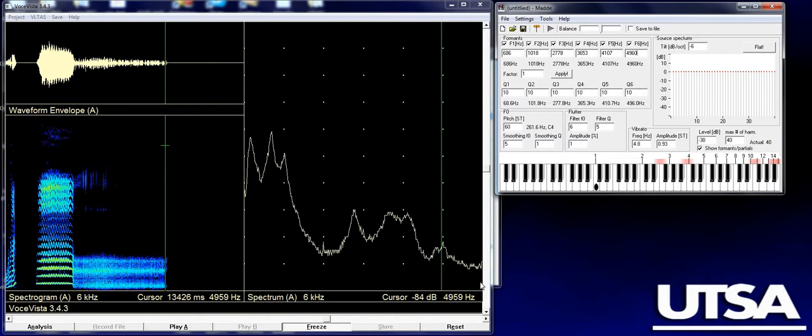Okay. So you might think, well, how do we determine this bandwidth thing? Right now, this is showing the bandwidth here. To give a definition, formants aren't just a single frequency.